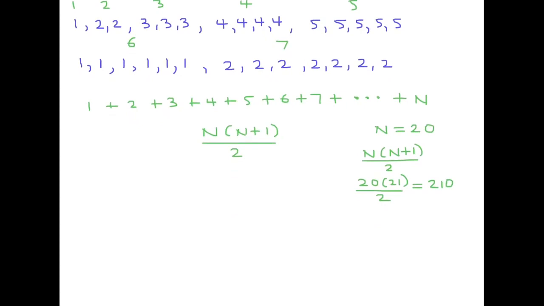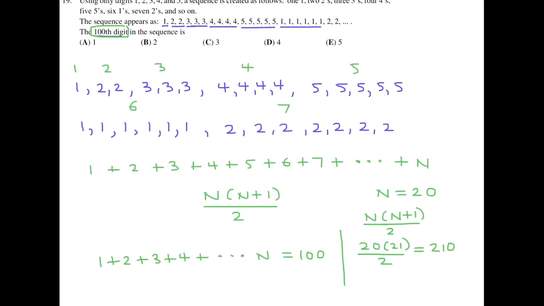Now in our case, we've got 1 plus 2 plus 3 plus 4 all the way up to some number, and that equals 100, right? Because they're saying the 100th digit or 100th number is what they're interested in.